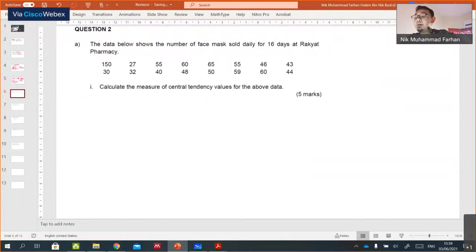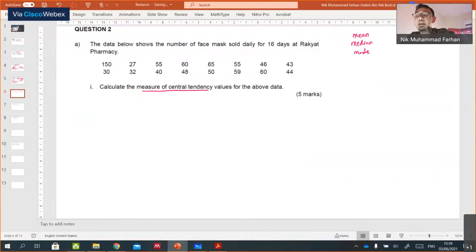The data below shows the number of face masks sold daily for 16 days at Rakyat Pharmacy. Calculate the measure of central tendency. What does the question want you to do? To measure central tendency, so you have mean, median, and mode. Data ada dua jenis. Data group data dan ungroup data.